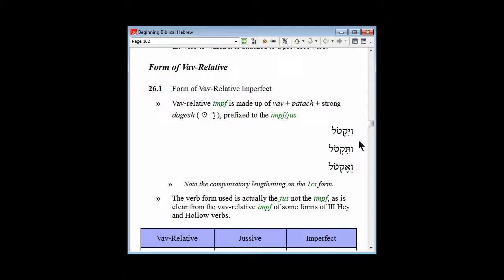So notice we have here Vayiktol. So Yiktol would be our familiar Qal imperfect third masculine singular. The Vav is prefixed to this verb form, to the imperfect form, and when it is, the pointing is changed. We have a patach here, and then a dagesh goes inside the yod to sort of attach the Vav to the verb form.